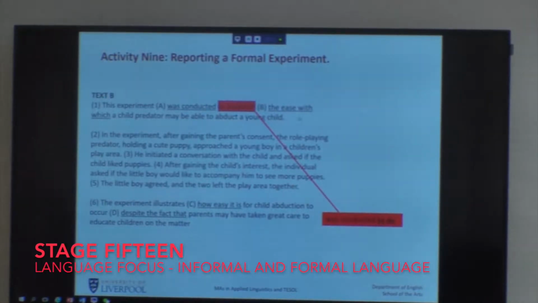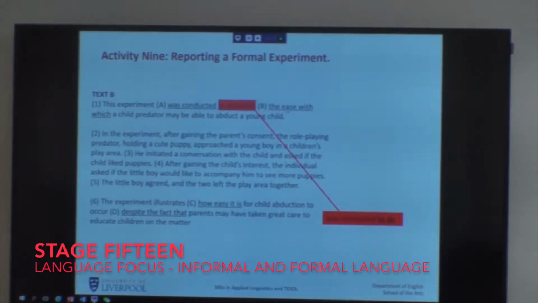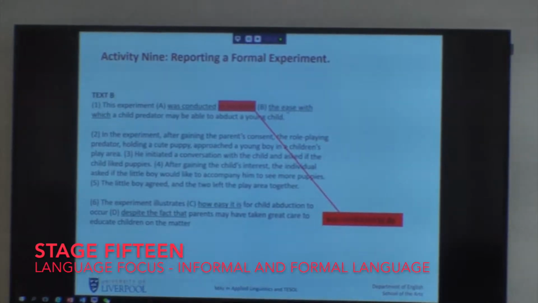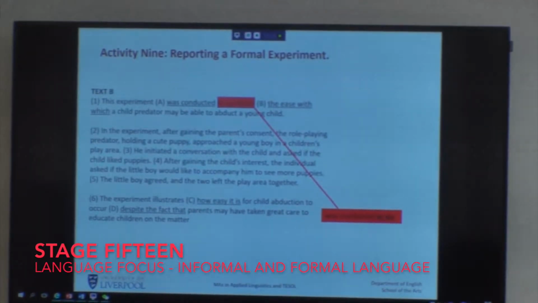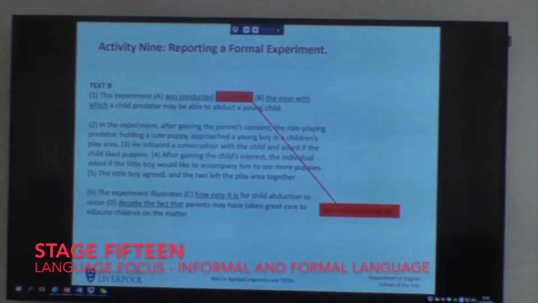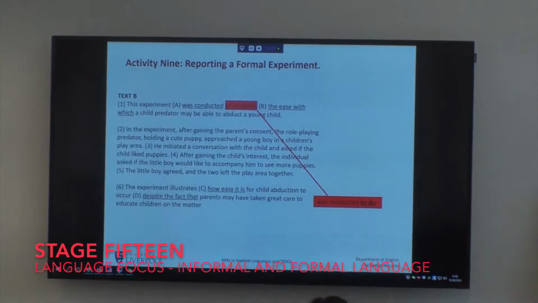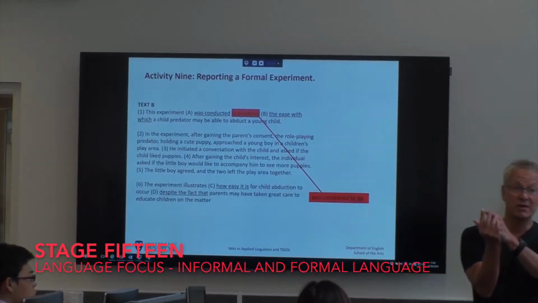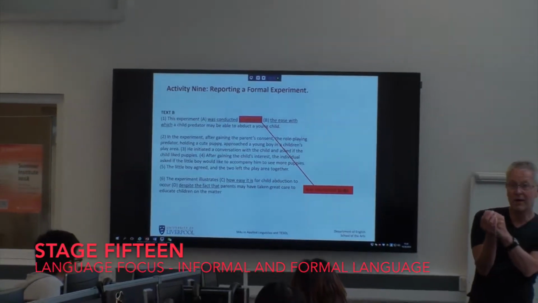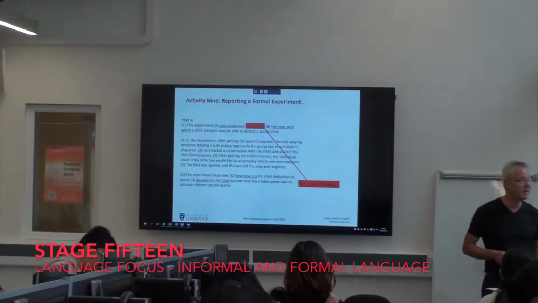The ease with which. Can you change this expression so it begins with the word how? Was conducted to establish how. How easy it was, or maybe it might be a conditional, how easy it might be. Yeah. Or how easy it would be, okay?